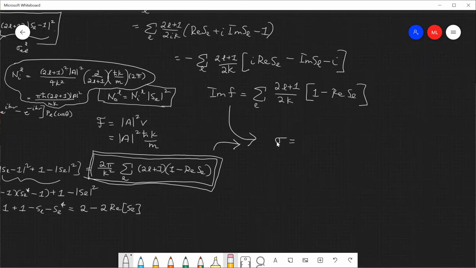So sigma is equal to 4 pi over K. There's a factor of K difference and a factor of 4 pi here, because here's a 1 over 2, but here it's a 2 pi. 4 pi over K times the imaginary part of the scattering amplitude evaluated in the forward direction.